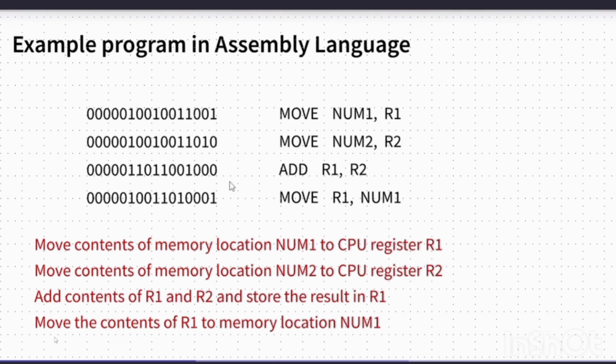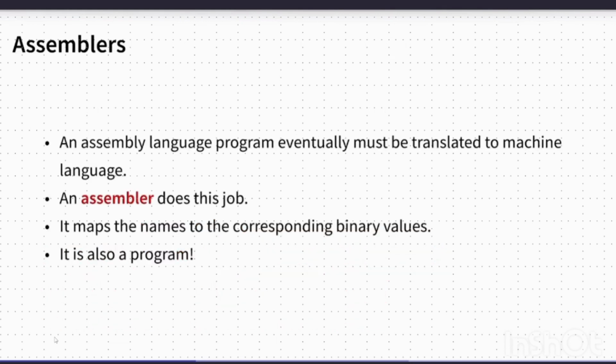And we have already seen that this adds both values; in assembly language it is simply stated as add R1, R2. R1 and R2 have the values num1 and num2 in the CPU. Now the result is stored in the location num1, or R1 in the CPU. See, move the contents of R1 to the memory location num1.